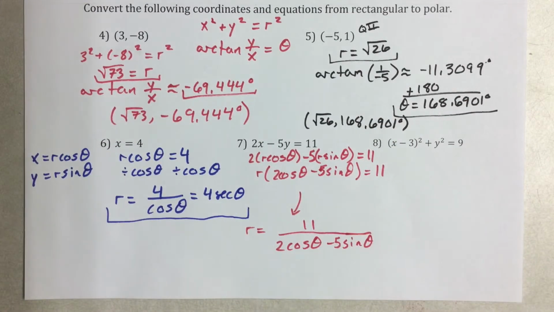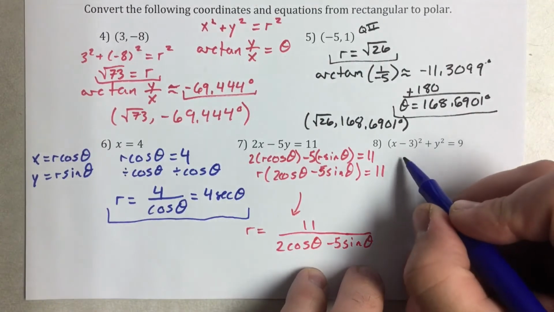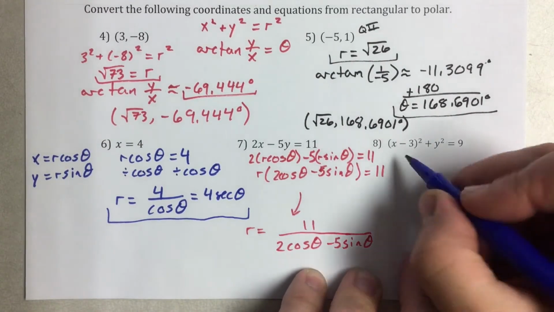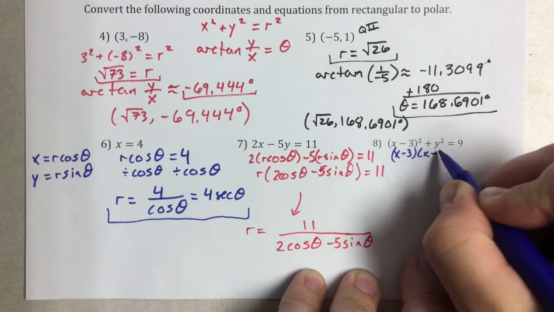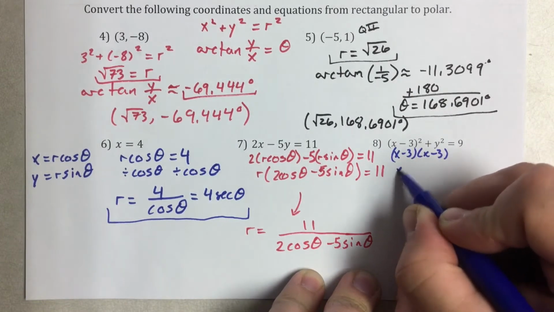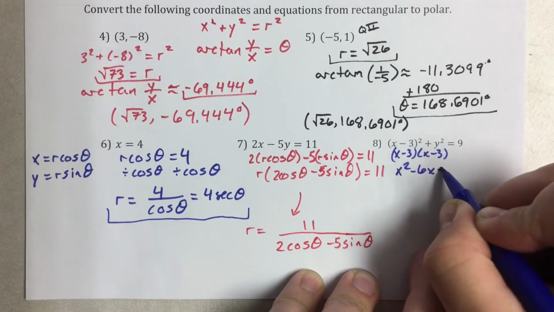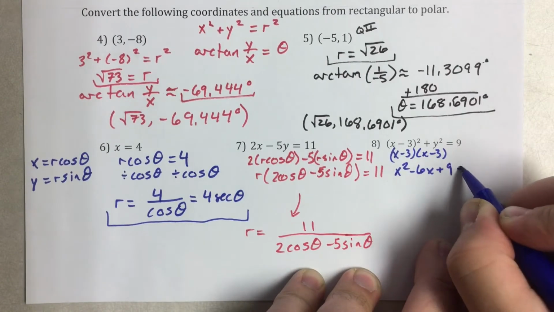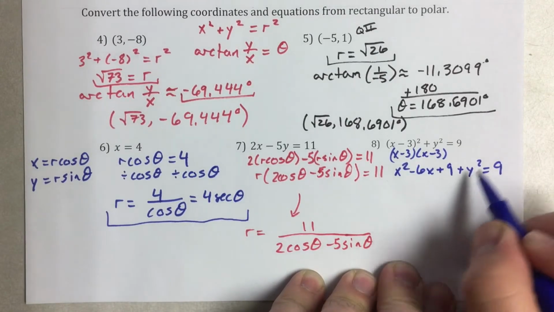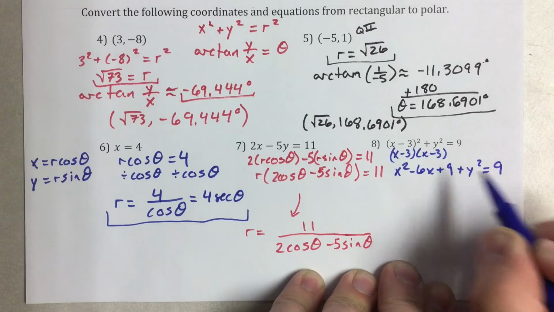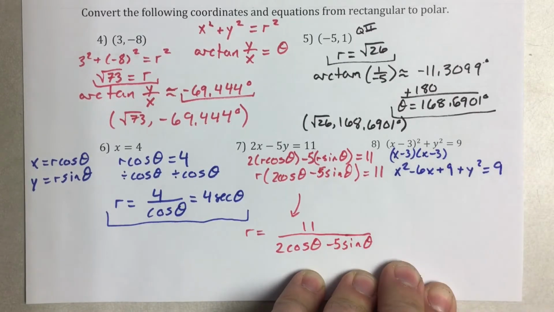So then looking at the last one, we want to expand this x minus 3 quantity squared. So in actually expanding that, it's x minus 3 times x minus 3. So that's going to be x squared minus 6x plus 9, and then plus y squared equals 9. All right. So I see a 9 on the left and right side, so they're going to cancel.